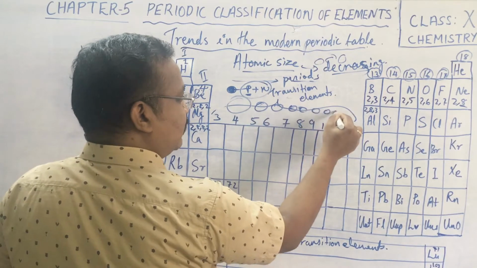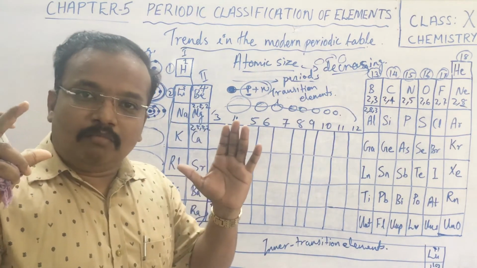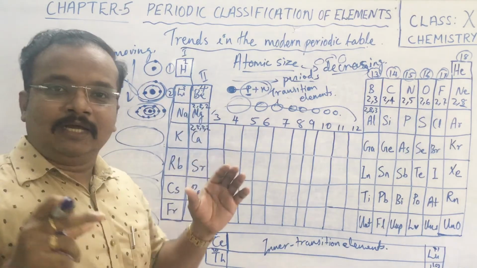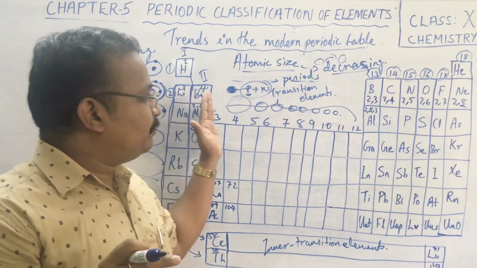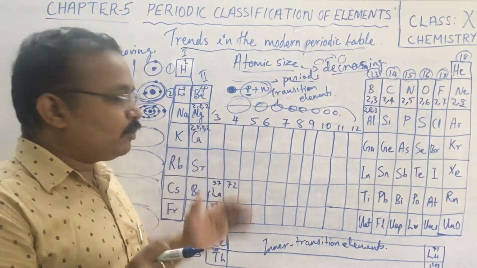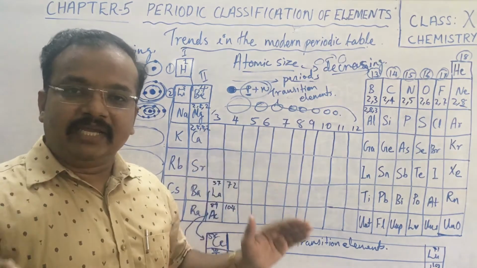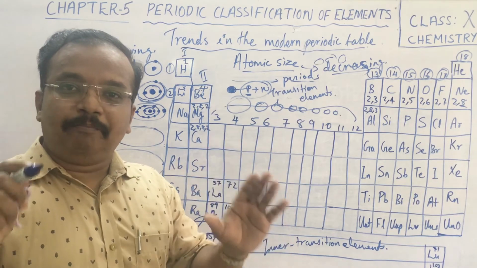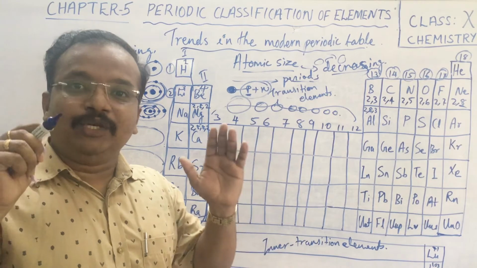In a period, atomic size keeps on decreasing, from bigger ones to smaller ones. On reaching fluorine, the size becomes much smaller as compared to the size of the element present in the first group. So the atomic size keeps on decreasing in the period. The particular point to remember is that in a period, the atomic size of elements keeps on decreasing due to the increase in the nuclear charge.